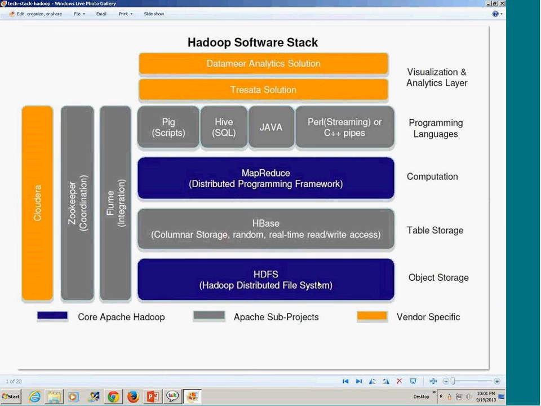Even Hive and Pig create their own MapReduce programs in Java and retrieve the data for the SQL you have given.